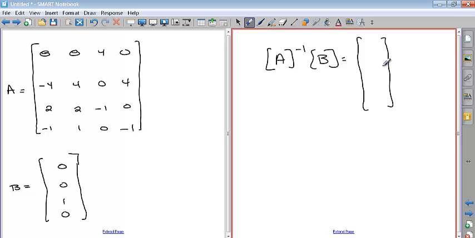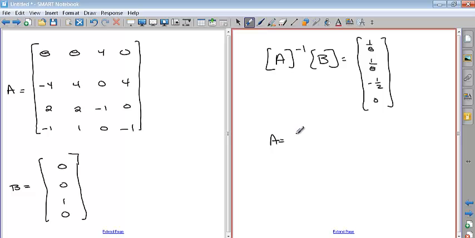And then all I have to do in my calculator is this: you take A, you raise it to the negative 1 power, and you multiply it by B. And the answers are 1/8, 1/8, negative 1/2, and 0.